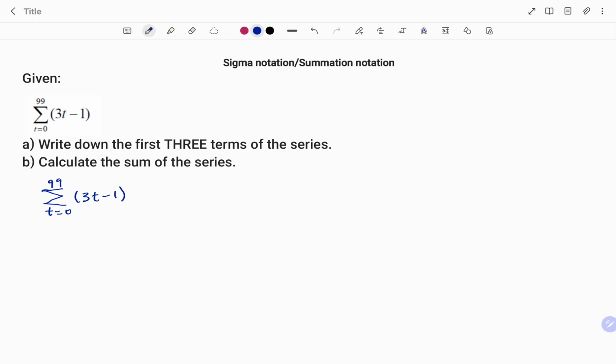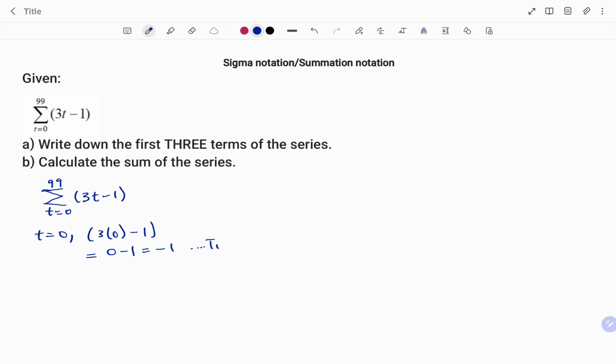So writing the first three terms, since we're starting from t equals to 0, we substitute 0 for t in our equation, which is 3 multiplied by (0 minus 1), close the bracket. That will give us 3 times 0, that's 0, minus 1, and that's equal to minus 1. That will be our first term, or t1.